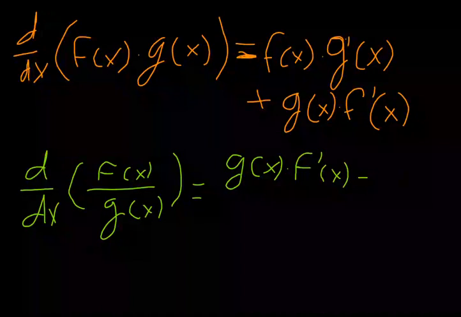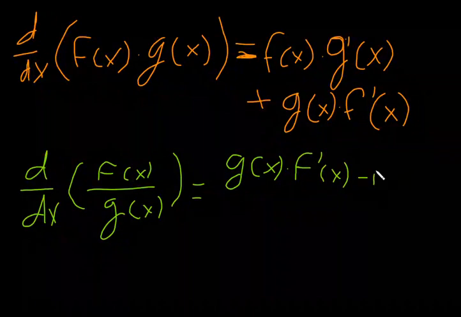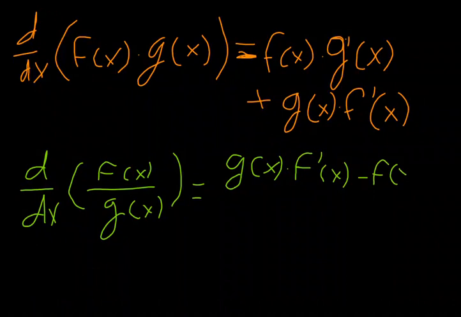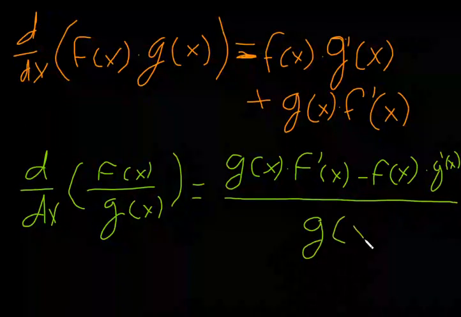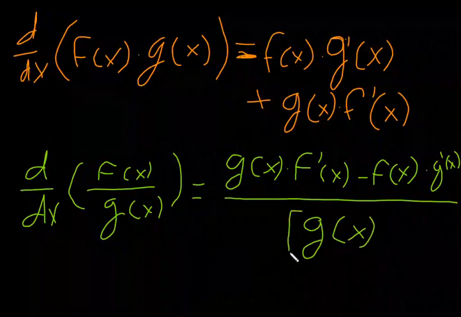Then minus, so low d high minus high d low, which would be f of x times g prime of x. And all of that over low squared, so g of x squared.